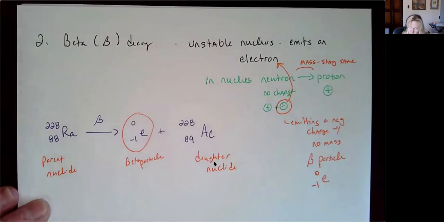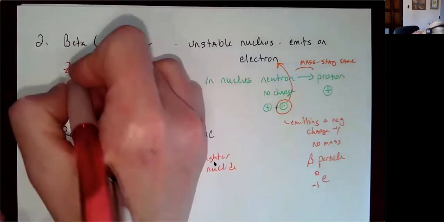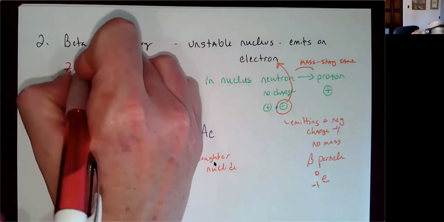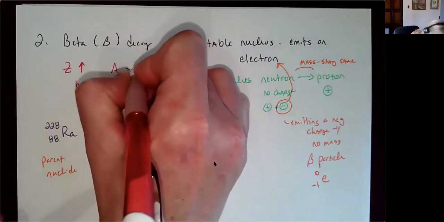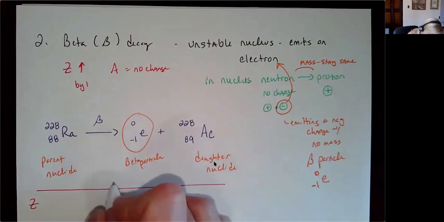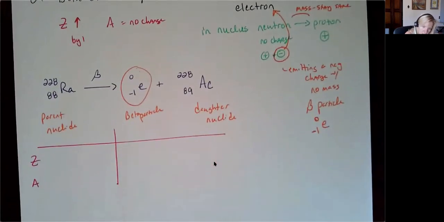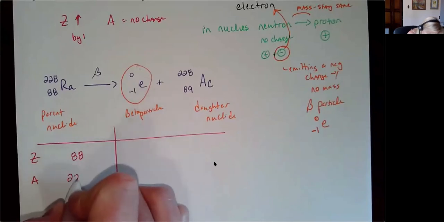So let's just make sure that our atomic number and our mass number are correct. Remember, my atomic number is going to increase by 1. My mass number, I should have no change. So if I look at my atomic number and mass number between my reactants and my products, my atomic number here is 88, my mass number is 228.